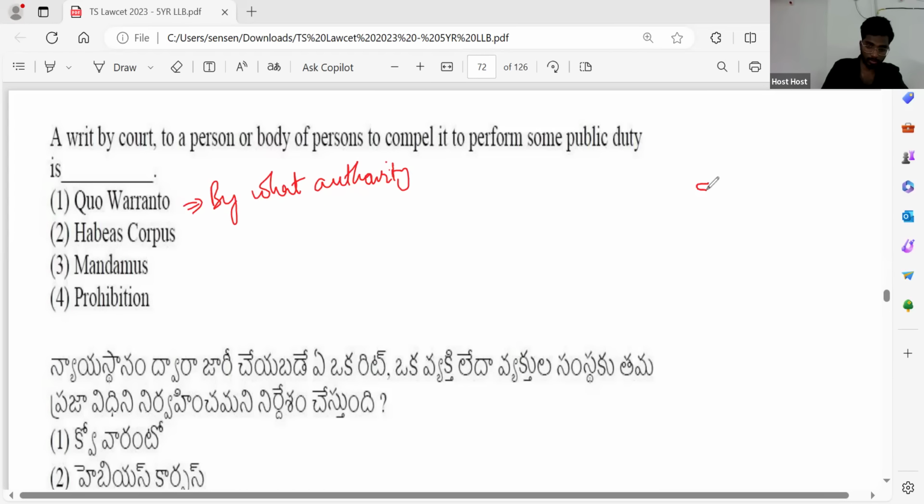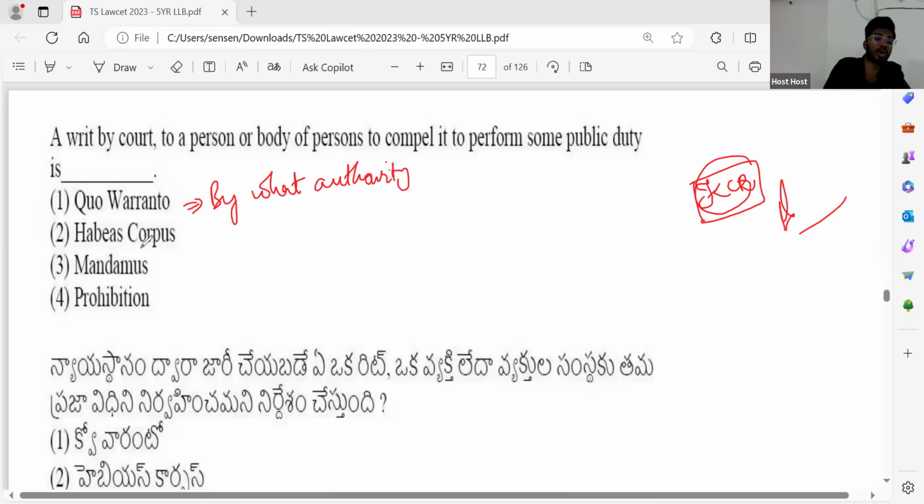Now, our former Chief Minister KCR, he is functus officio, which means he is no longer having power or jurisdiction, right? Now, if he comes and sits in the secretariat and starts signing on the paper, do you think it is legal? No. Then the court will issue a writ. Quo warranto. By what authority you are sitting there? By what authority you are signing on those papers? That is known as quo warranto.